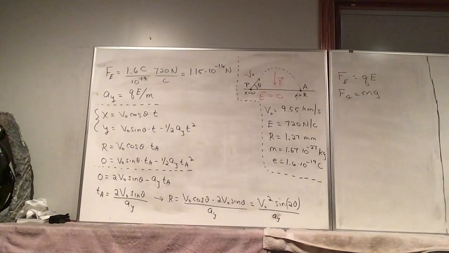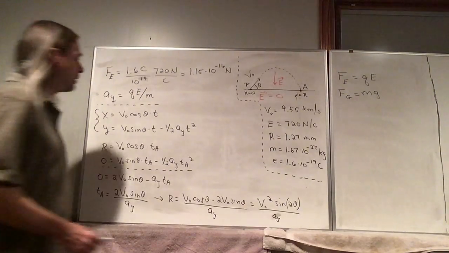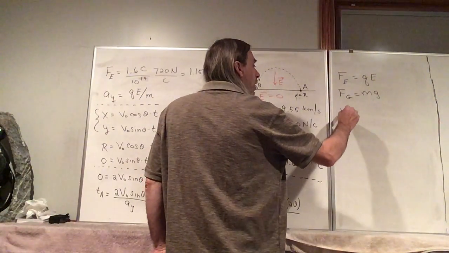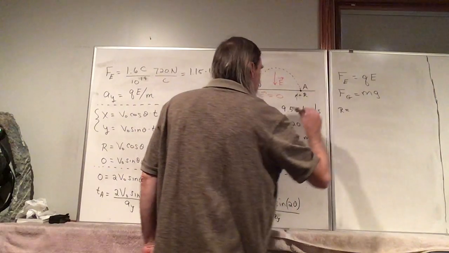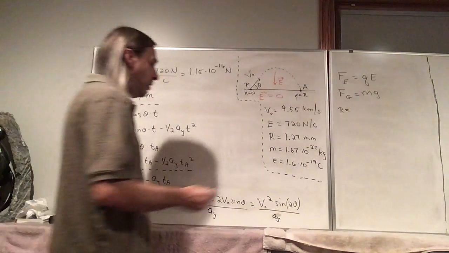So let's write our final result on the board. I'm going to plug in for a_y, everything here. So we have R equals v naught squared. I'm going to write it this way.